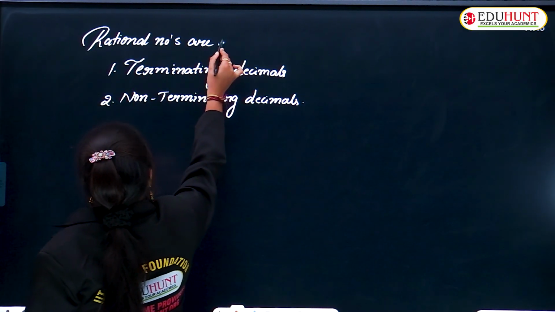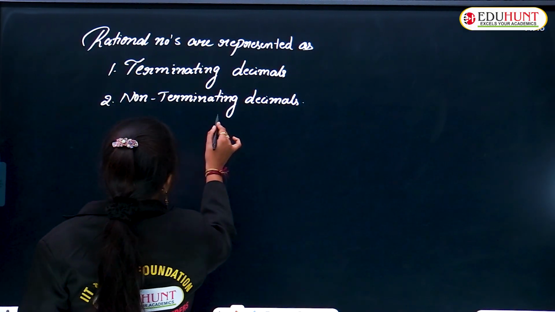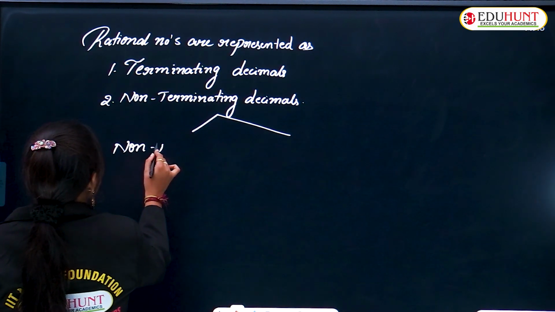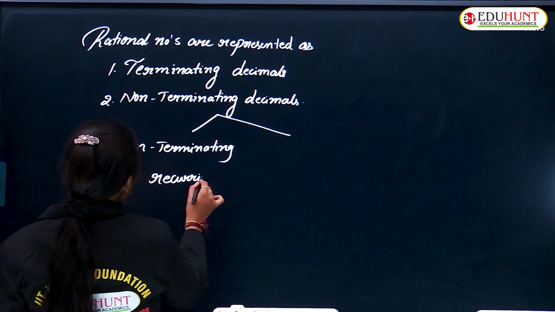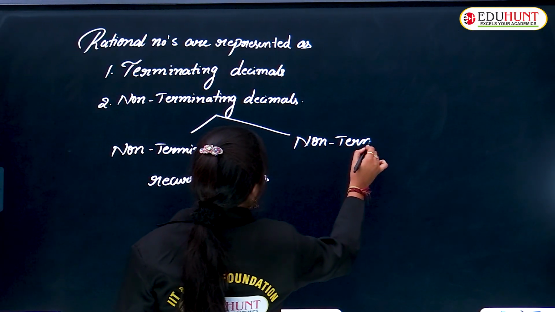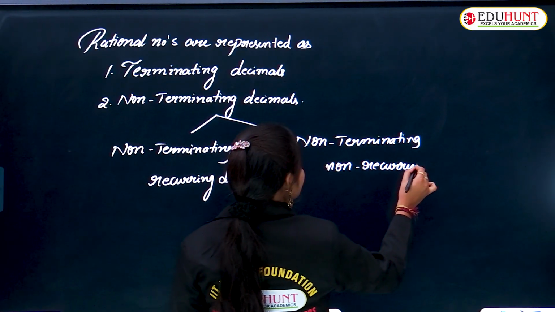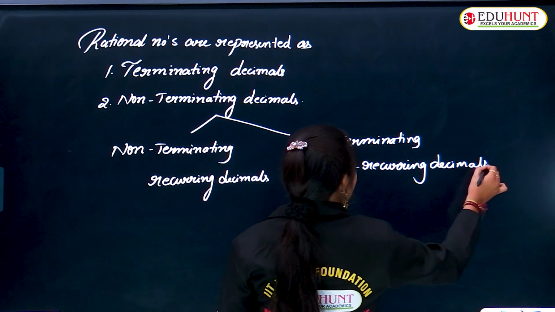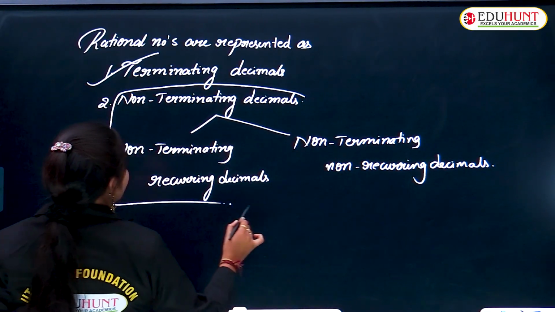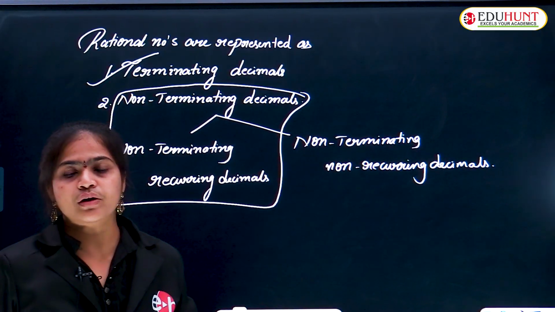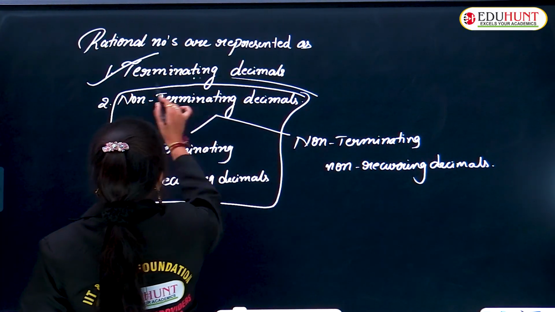Rational numbers are represented as terminating decimals and non-terminating decimals. Again, here we have non-terminating recurring decimals and non-terminating non-recurring decimals.